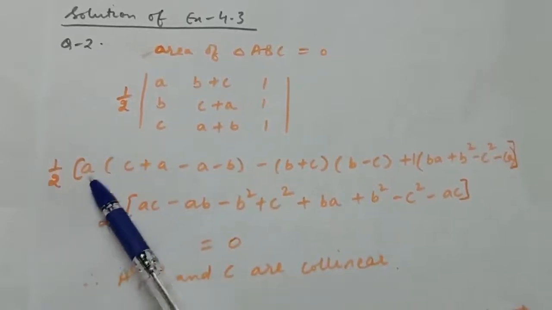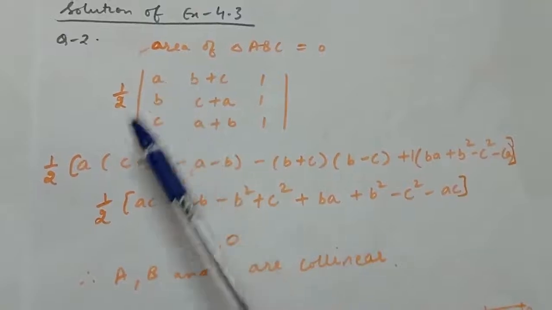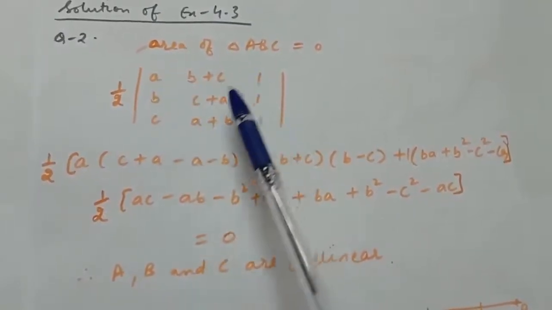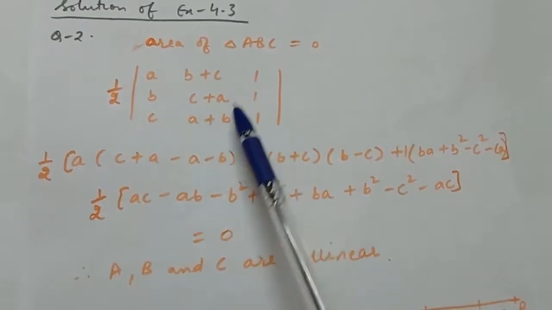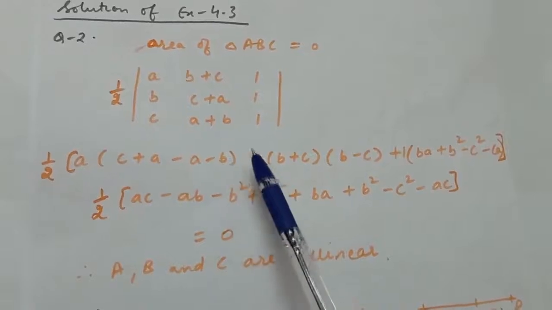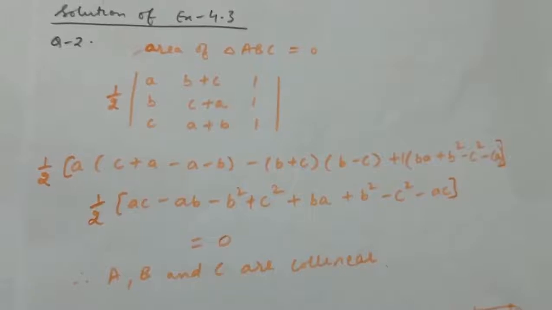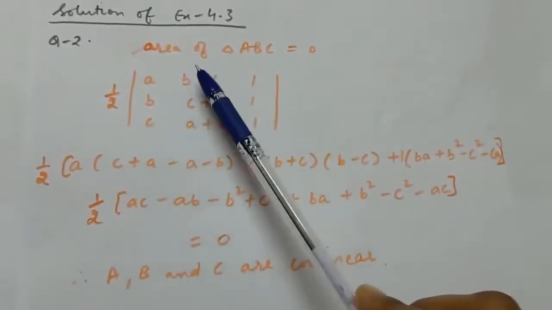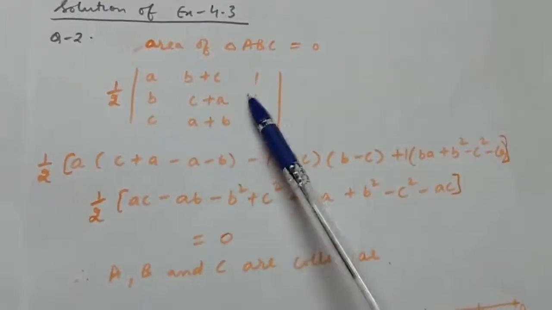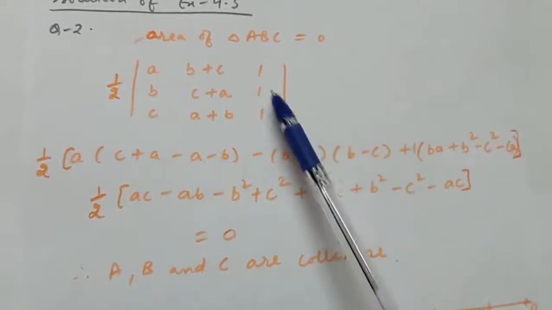So this is half into A, expanding this along first row. So A, leave this first column and first row, you will get C plus A minus A plus B, which is minus A minus B. Then the second element minus B plus C into, leave this second column and first row, so you will get B minus C. Then plus 1, third element.